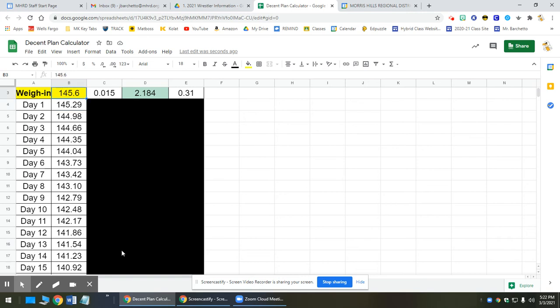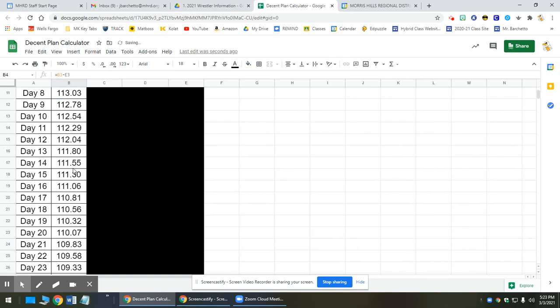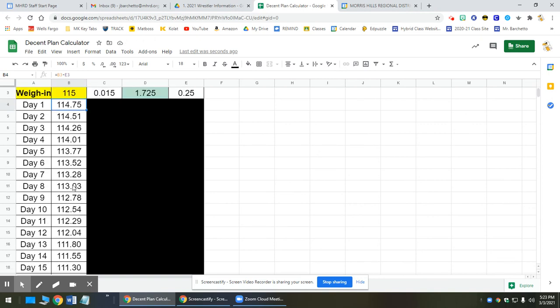Perno, you weighed 115.4 today. Let's say you weighed in at 115 against Roxbury. You can't go to 110 until day 21. So that's why it's really important that we get closer and closer to weight.